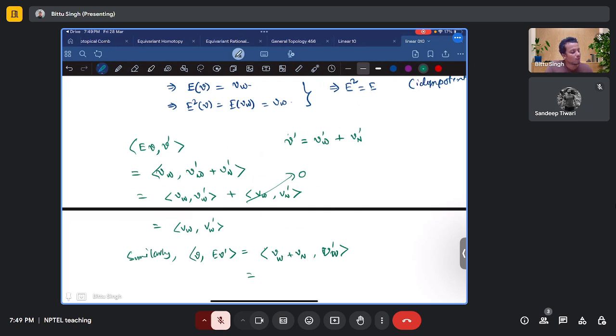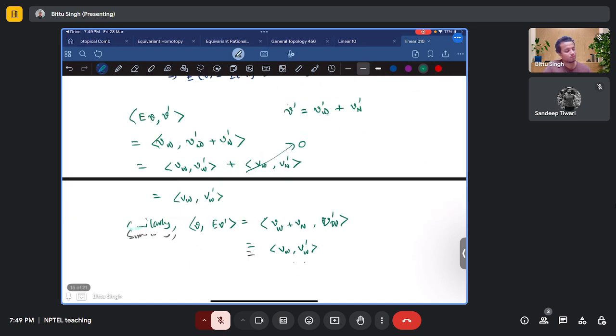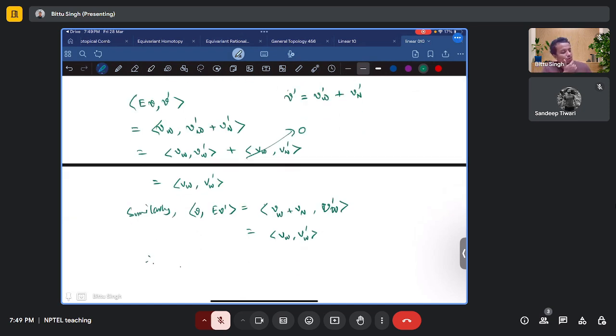Okay. Now again, the inner product of V and W will survive, right? Therefore, EV comma EV dash is the same as V comma EV dash. This is true for all V, V dash.